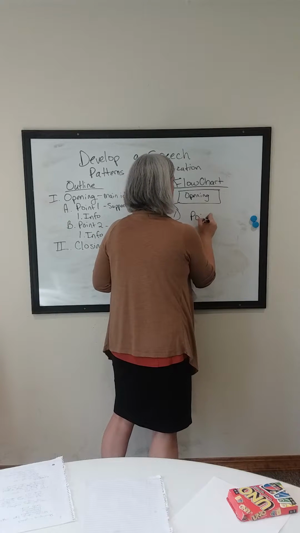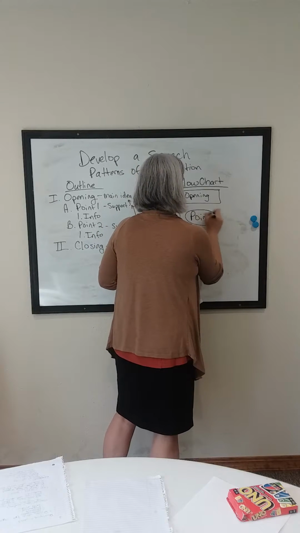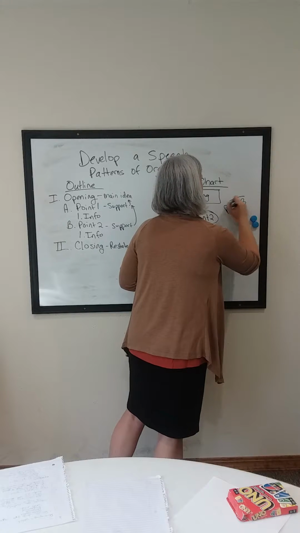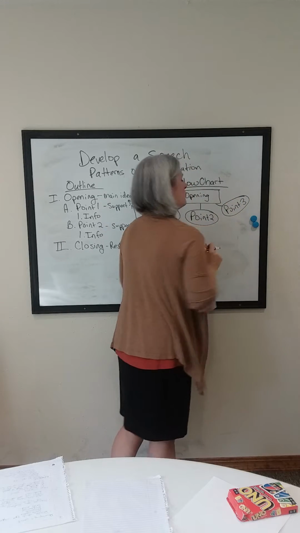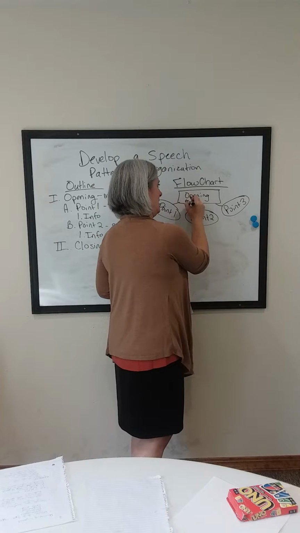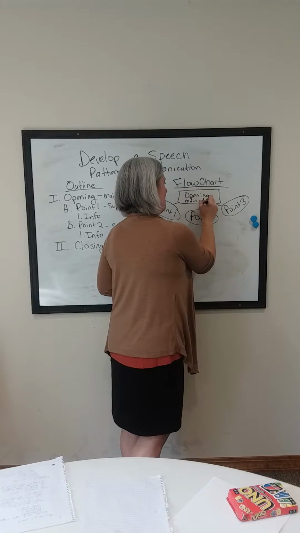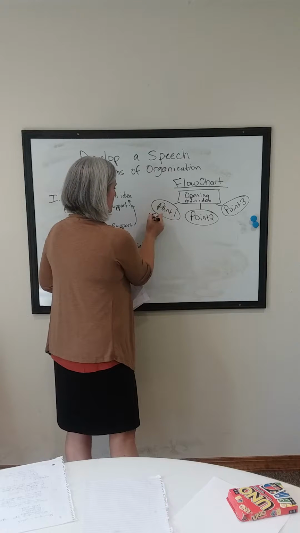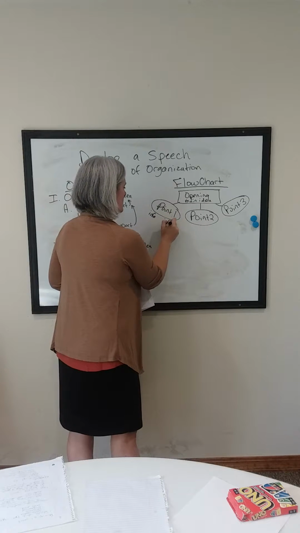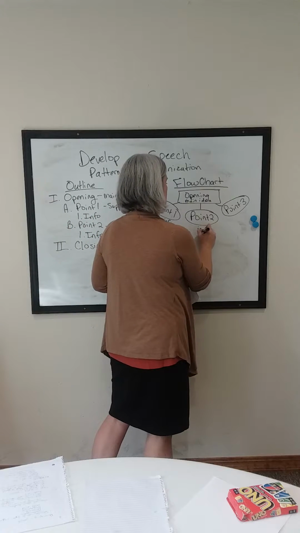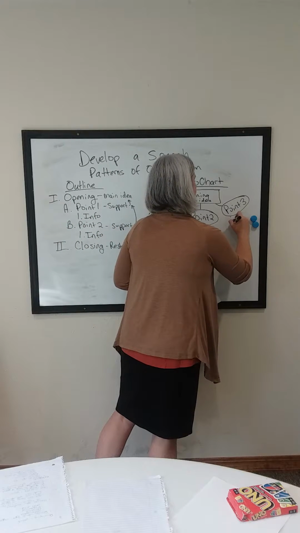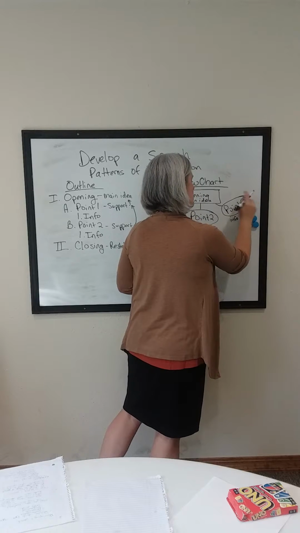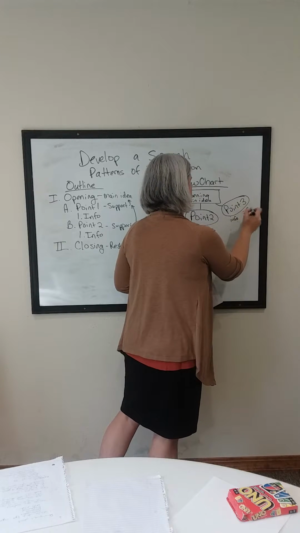We're going to have point number 2, and then let's say for this speech we have 3 points that support our main idea, okay? And in this, we may have some extra information. So some little info around here. And you can have as much as you need to communicate your point clearly.